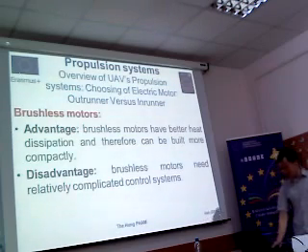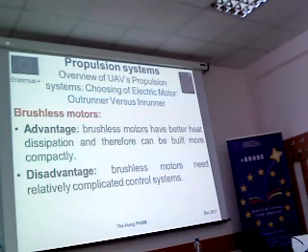The advantage of the brushless motor is it has better heat dissipation, and therefore it can be built more compactly. However, it has the disadvantage that the brushless motor needs a relatively complicated control system.